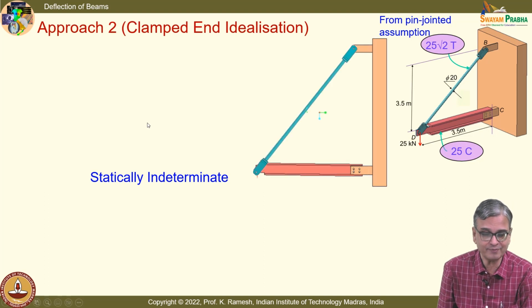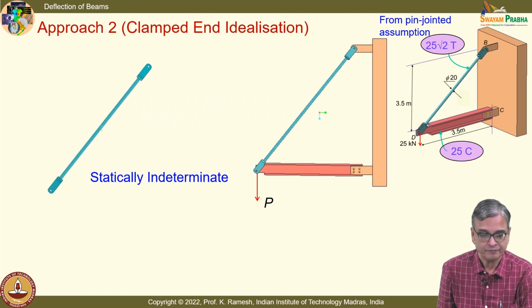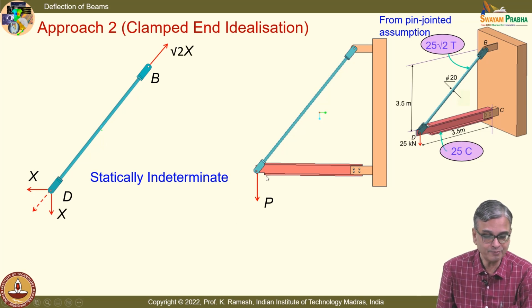So what I'm going to do is draw this free body diagram, and I'm also going to say that this is not going to rotate, but it's going to have a bending deflection. And I will have a force here transmitted by this. Earlier I was able to calculate this force. Now I have to find out what is the force transmitted by these members.